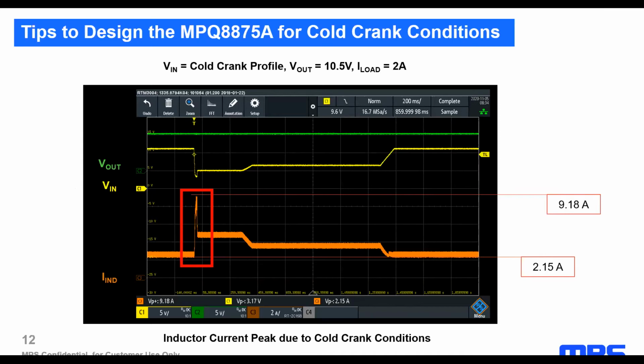And as can be seen, and as had been explained, we have obtained a peak of 9.18 amperes when the input voltage reaches its minimum. For this reason, the selected inductor must have a saturation current higher than this maximum value. That will depend on the minimum input voltage, the selected output voltage, the efficiency of the IC, and the load current.